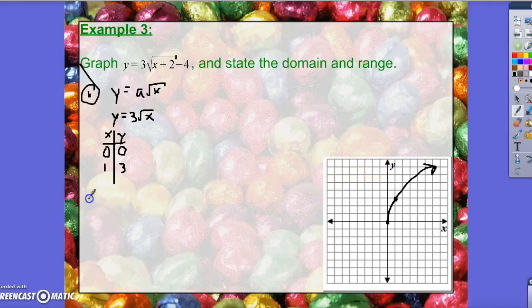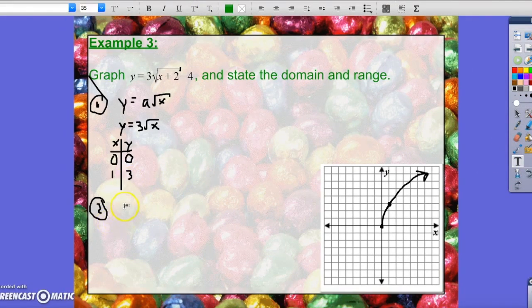Now, step 2. We didn't get rid of the h and the k. We omitted them at first to get a basic sketch, and now we're going to take them into consideration. Do you see how inside the root it's x plus 2? Set that equal to 0. We've done this multiple times with absolute value graphs and quadratics.